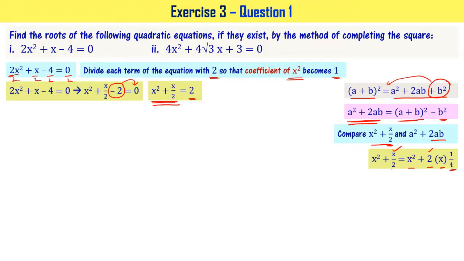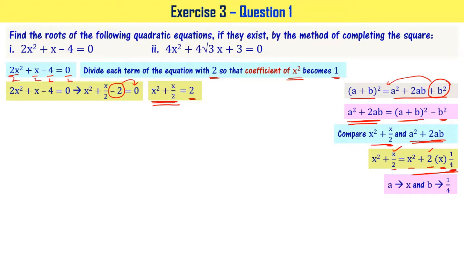This is x by 2. When you divide that by 2, it becomes x by 4. I have written this as x times 1 by 4 and I have multiplied with 2. That's why it is here. Now you can compare a square plus 2ab with x square plus 2 times x times 1 by 4. When you compare, you say that a equal to x and b equal to 1 by 4, right?